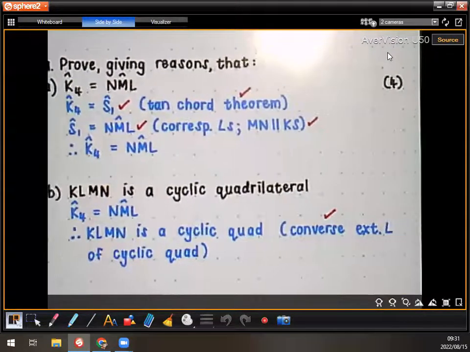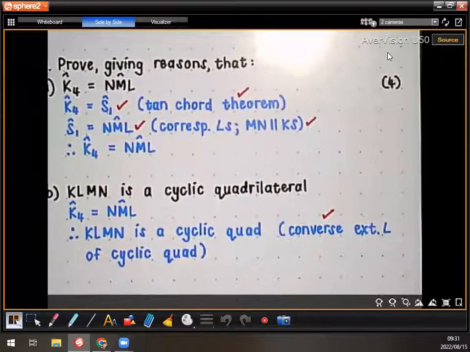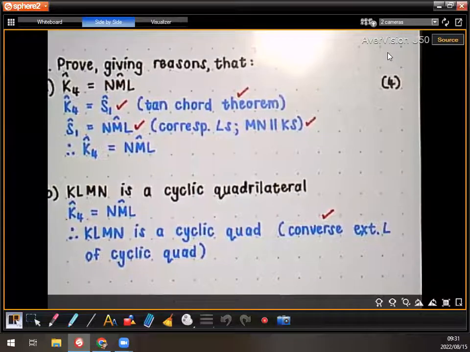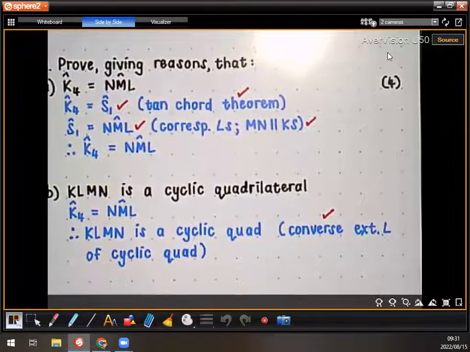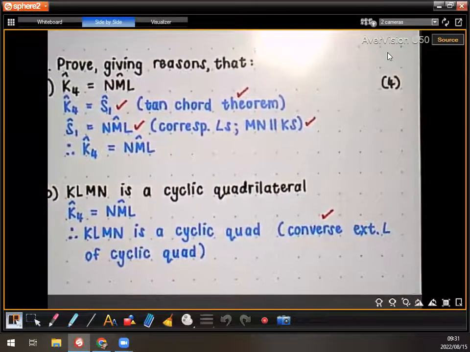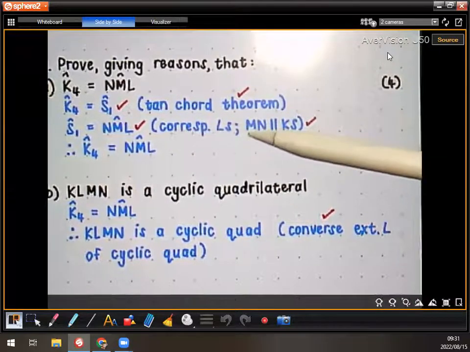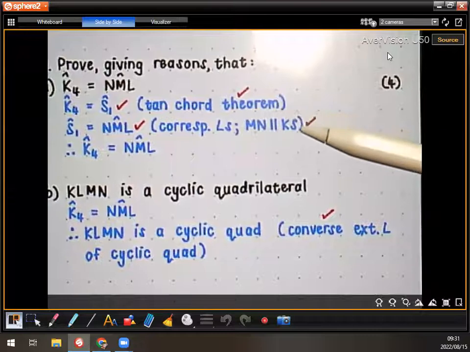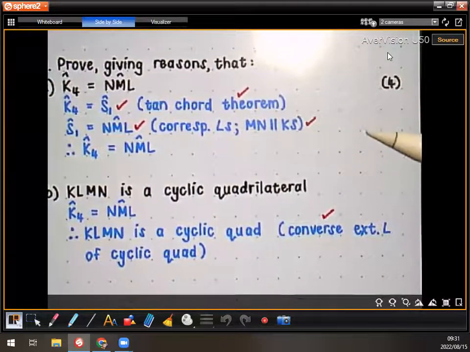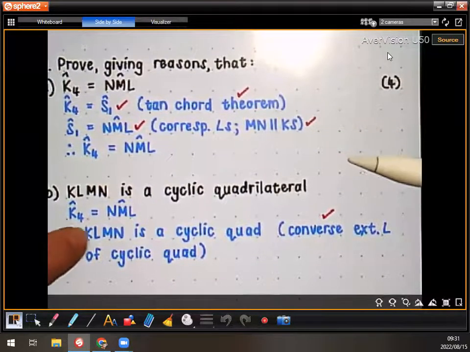Then the next one was just a 1 mark question? Okay. Now guys, obviously if it's a 1 mark question, then you know that you have to use what you proved in the previous one, right? If you had to make any other kind of statement, saying this angle is equal to this or something, it would have been 2 marks. Okay, so 1 mark.